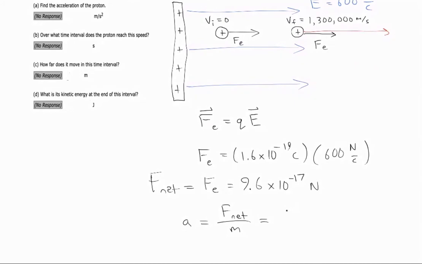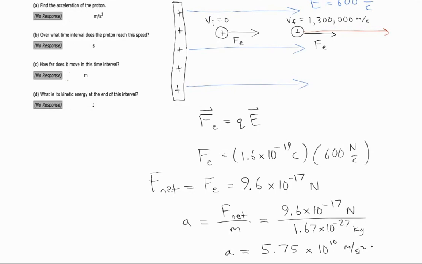So we'll have 9.6 times 10 to the minus 17 divided by our mass of a proton, which is 1.67 times 10 to the minus 27 kilograms. Looks like our acceleration is 5.75 times 10 to the 10 meters per second squared.